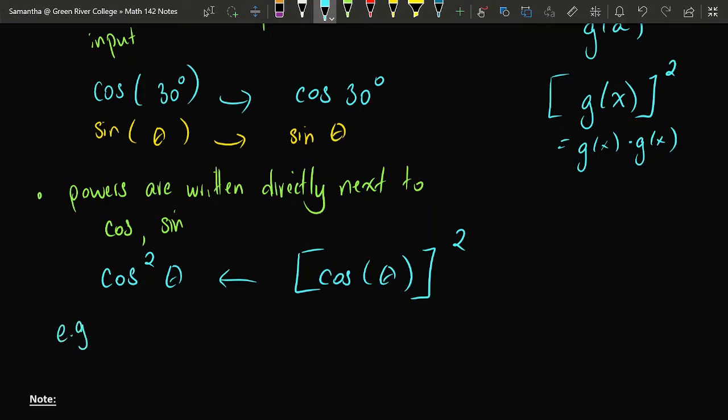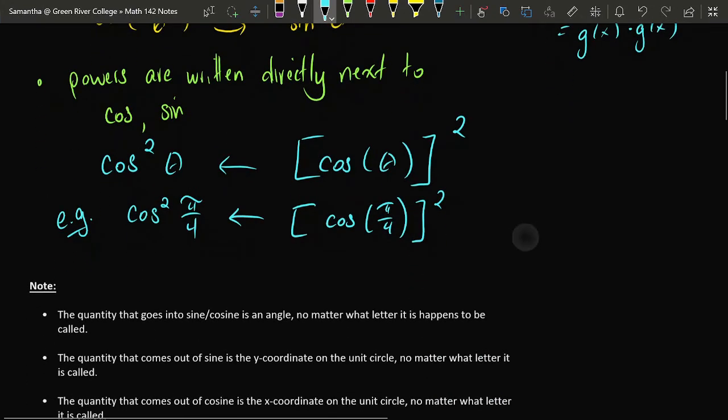For example, if you were given cosine squared of pi over 4, this is telling you to take cosine of pi over 4 and then square the output. Now from the unit circle, cosine of pi over 4 is the same thing as square root 2 divided by 2.